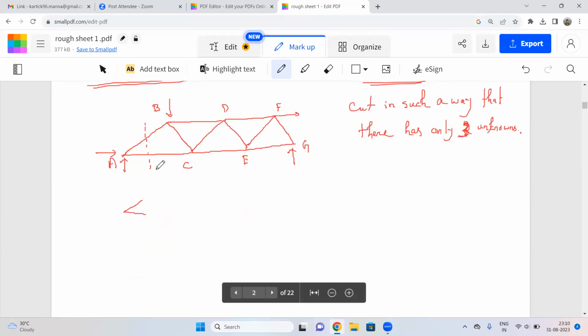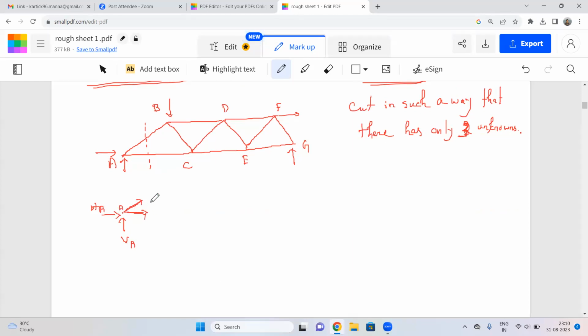This is the only thing remaining, right? So for this one, you know that HA and VA at point A. And these two are there. So for these two, there will be two forces, that is FAB and FAC.